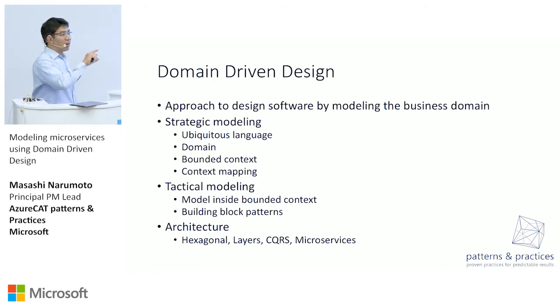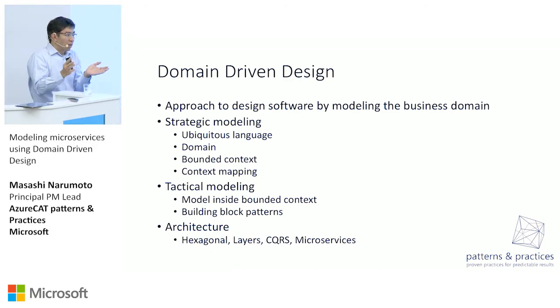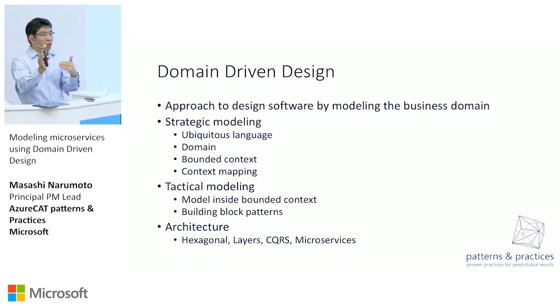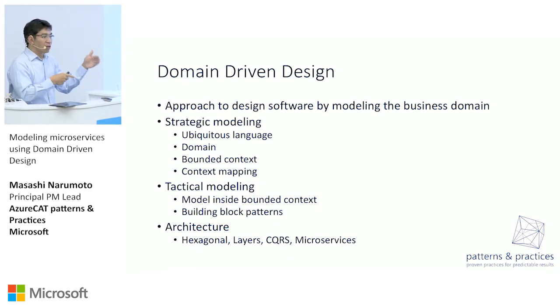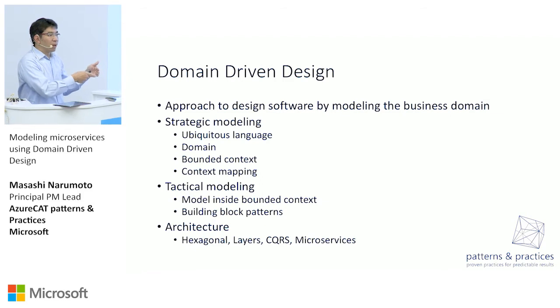Strategic has a larger scope. Right? It's more like defining the business domain and bounded contexts. And the context map shows you the relationship between bounded contexts. Versus tactical modeling is for each bounded context, going into each bounded context and breaking it down using building blocks.